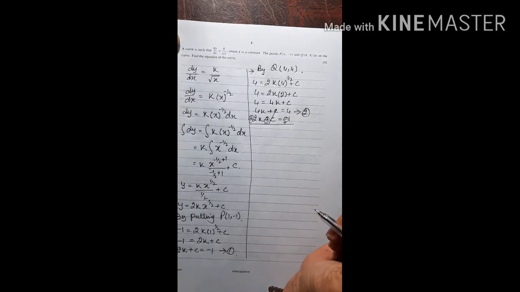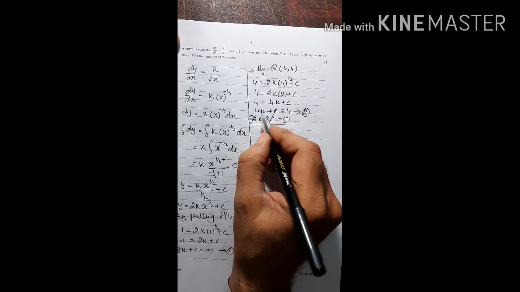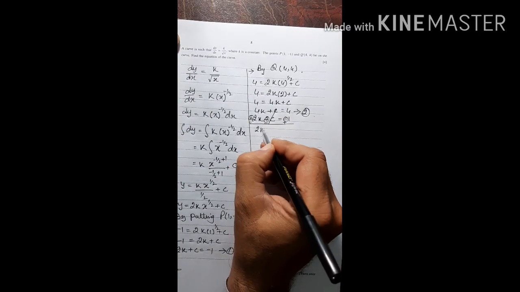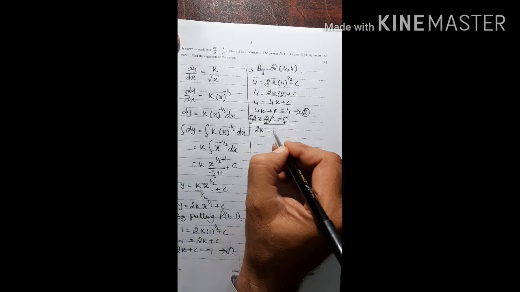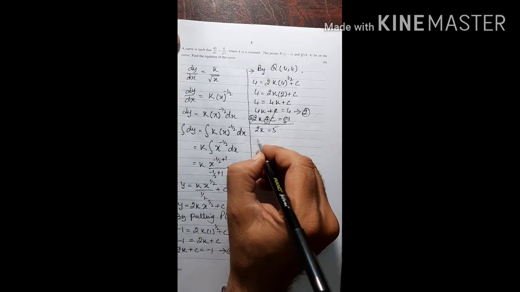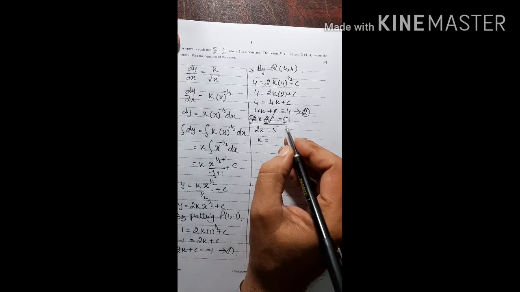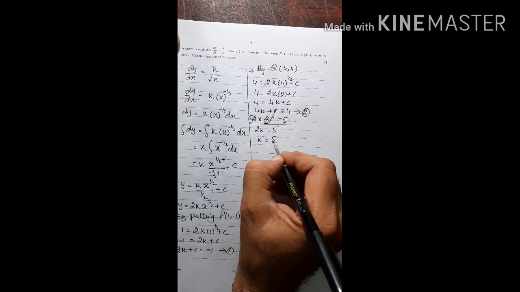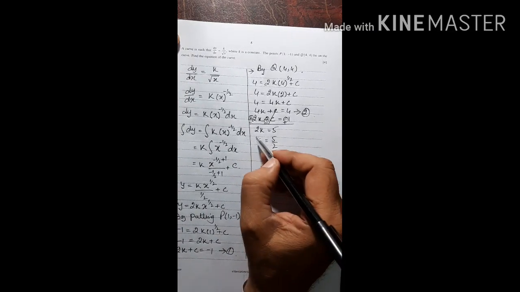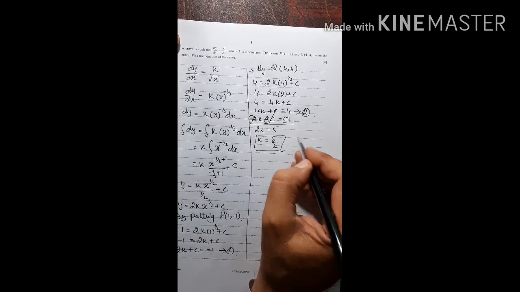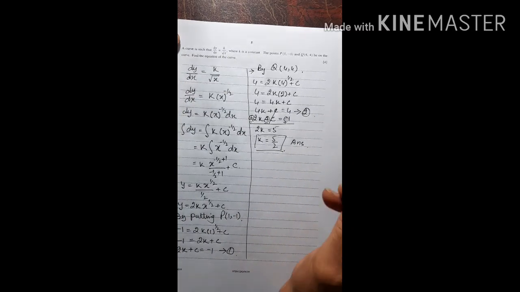So this will be cancelled. It will become 4k minus 2k, that is 2k is equal to 5, or k is equal to 5 by 2. This is our value of k. This is your first answer.